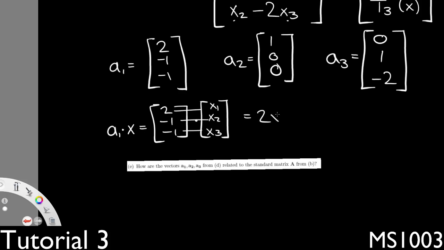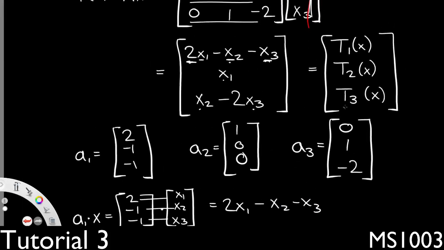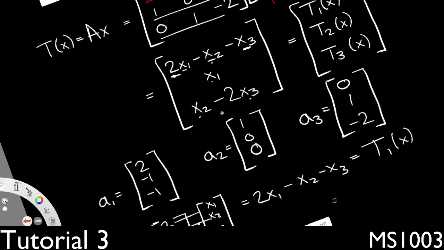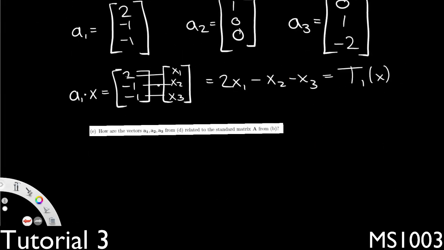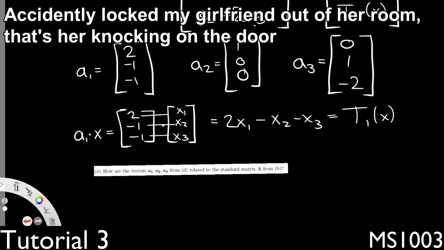So I get 2x1 minus x2 minus x3. Which, if you remember, is exactly what we found T1 to be. So T1 is definitely a1 dot x, and you can check with a2 and a3. It's not that bad.